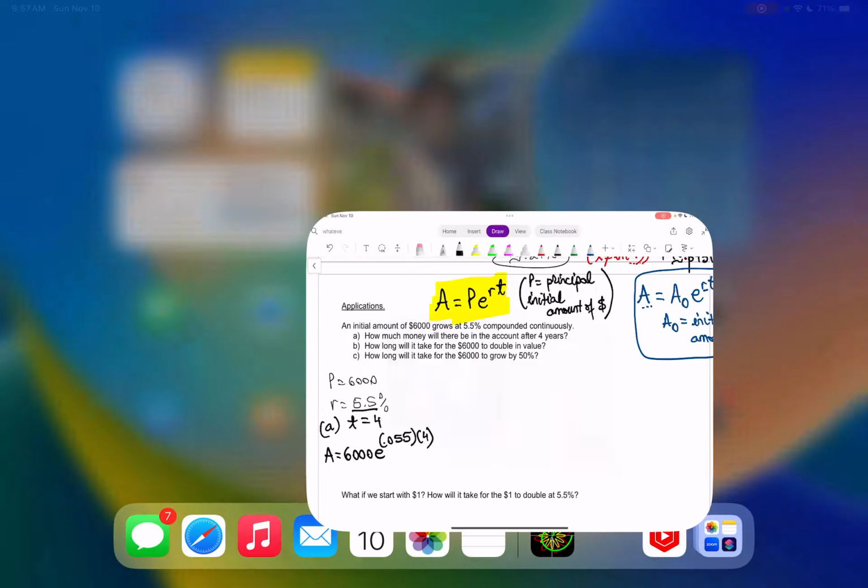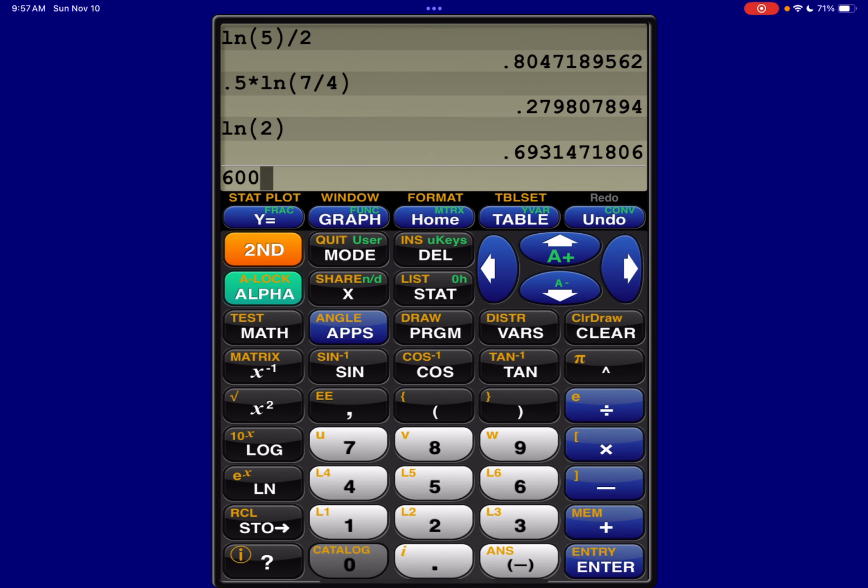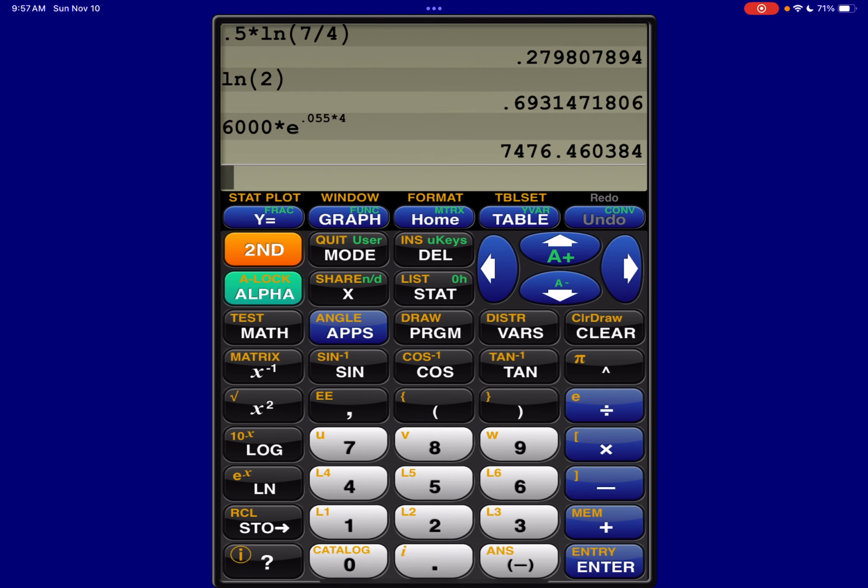So what is 6,000 times e to the power of 0.055 times 4? That's it.